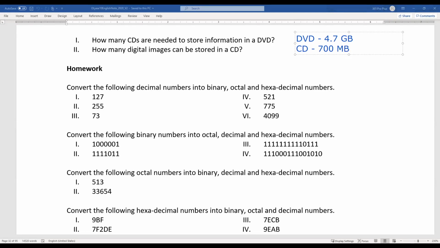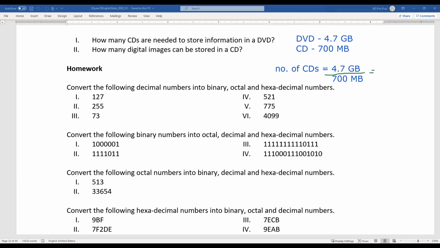To find out how many CDs you need, the number of CDs equals 4.7 gigabytes divided by 700 megabytes. So you have to divide 4.7 by 700.